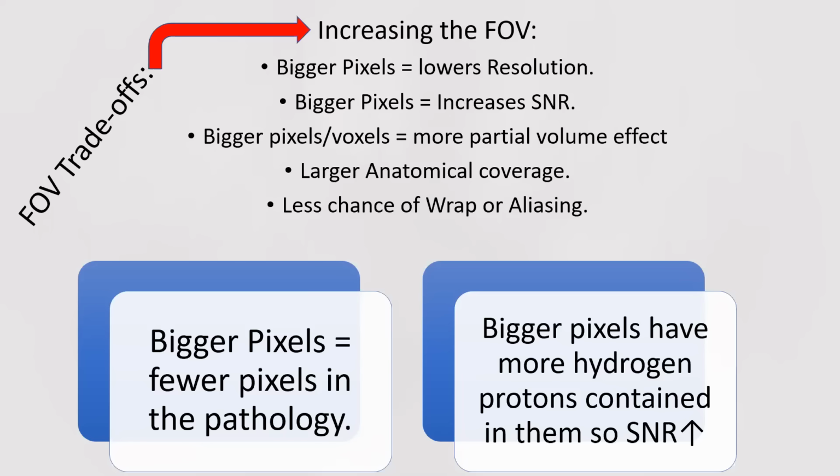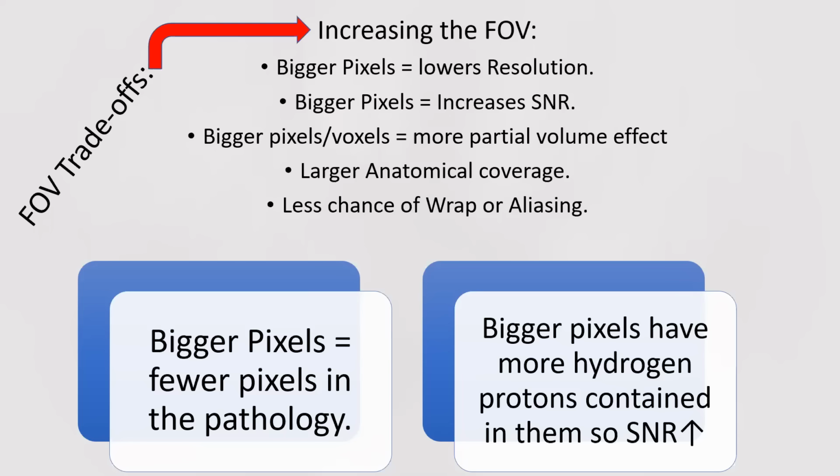Partial volume means the signal intensity of a particular pixel is the average of all the signal intensities of all the tissues inside. What I mean by that is you have a pixel that's got some bright and some dark tissue in it. That pixel is going to look gray.